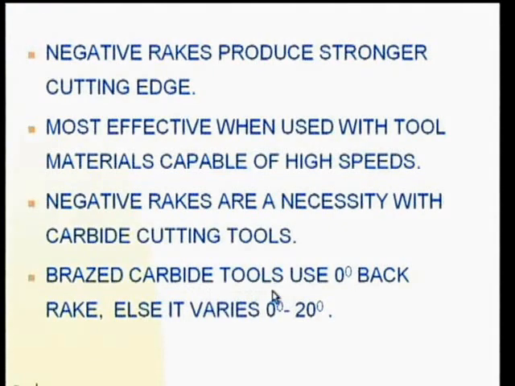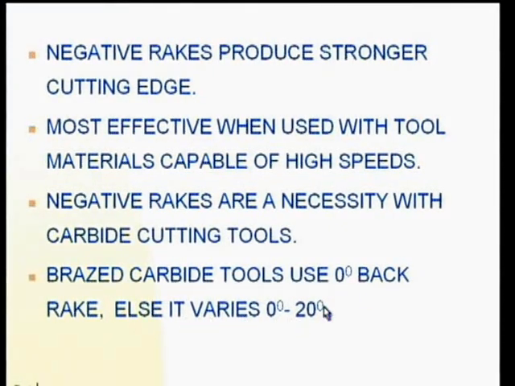Brazed carbide tools use zero back rake, or else it varies from 0 to 20 degrees. Tools where a brazed tip is taken are called brazed tip tools. Whenever brazed carbide tips are taken, they are manufactured with zero rakes only.